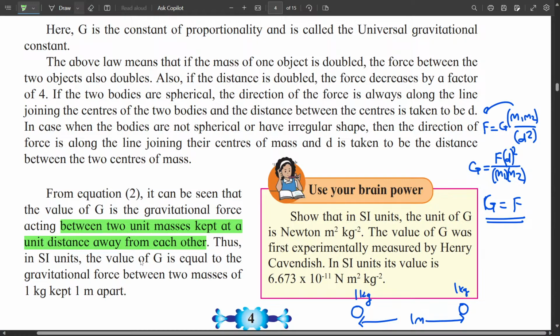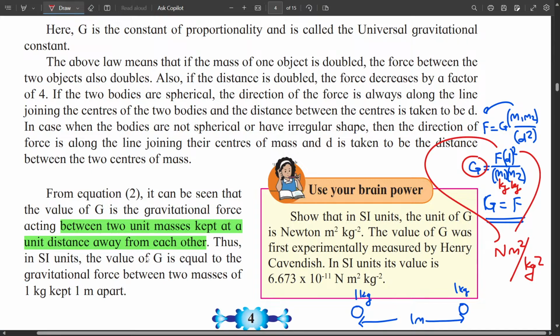And if we want to find the SI unit of this capital G, we know that the unit of force is Newton, the unit of distance is meter, so meter square, and the unit of m1 m2 is kg into kg, which is kg square.